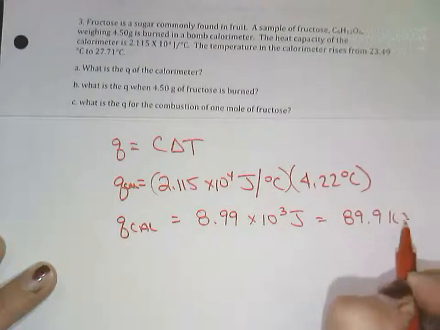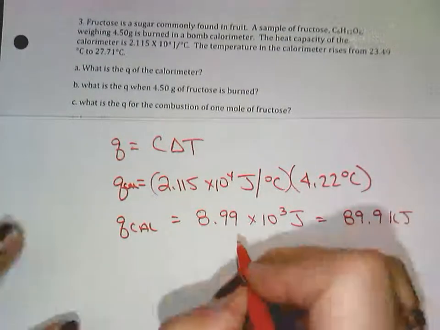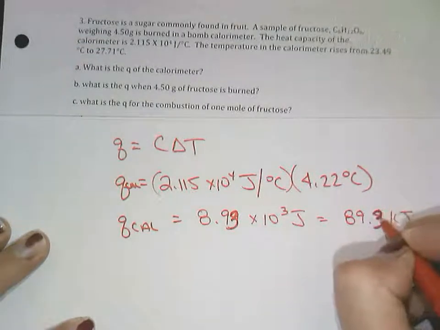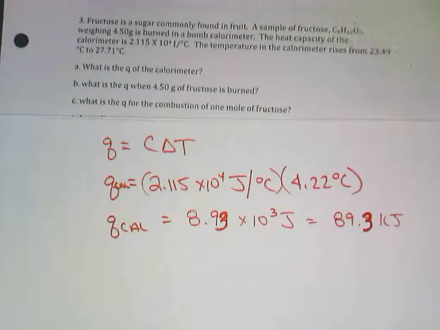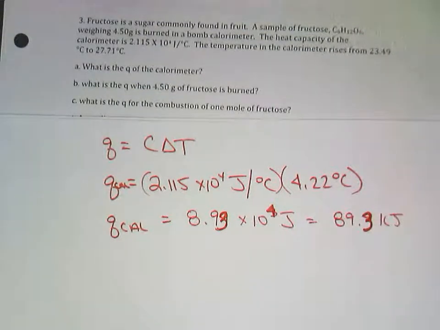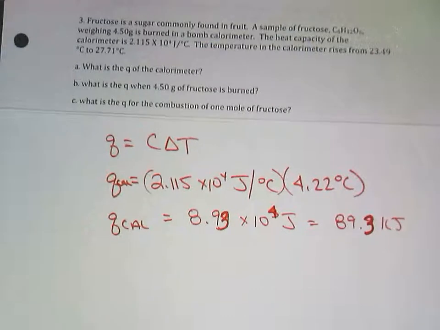So you get 89 kilojoules. I didn't specify joules or kilojoules, so either one is fine. If I specify, then use that one. All right, so that is the Q of the calorimeter.